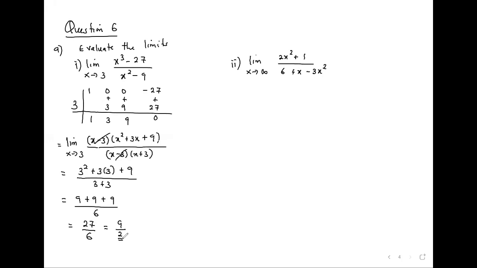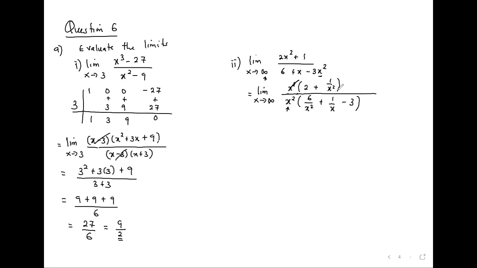The second one, because there's infinity, what you do is go to the denominator and factor out its highest power, x squared. So you have 6 over x squared plus 1 over x minus 3. Then take the same x squared in the numerator, and you have 2 plus 1 over x squared.